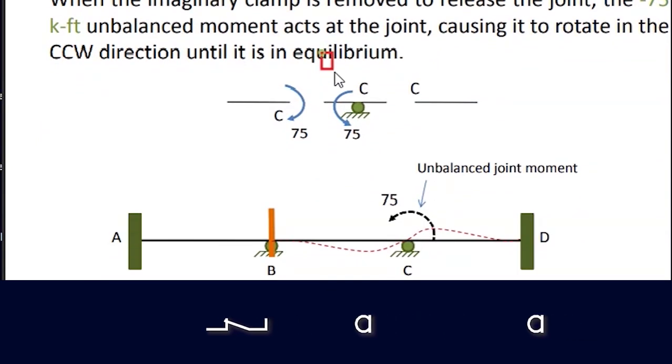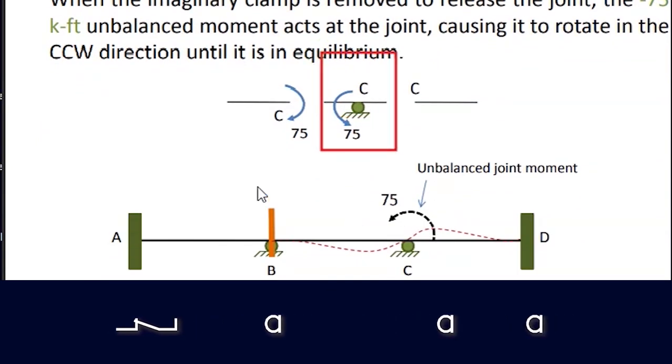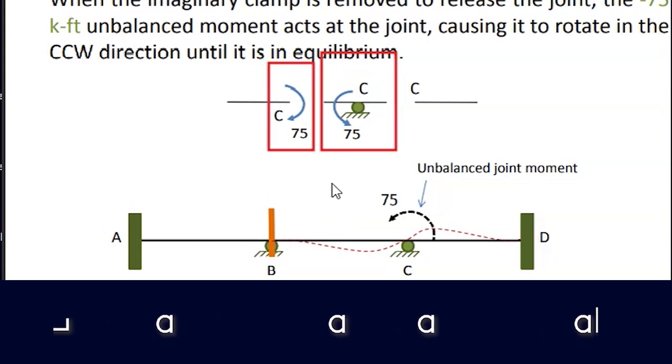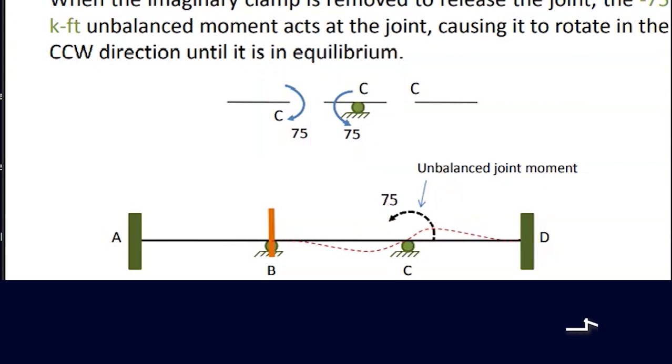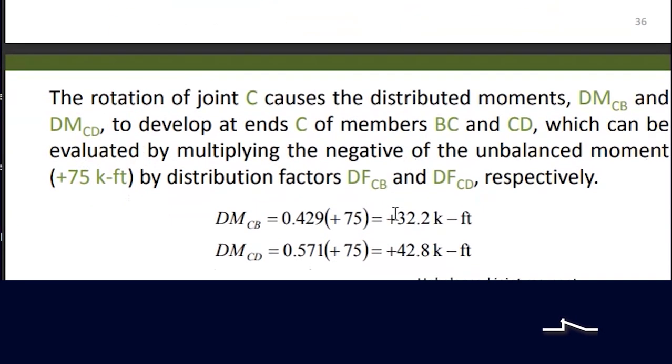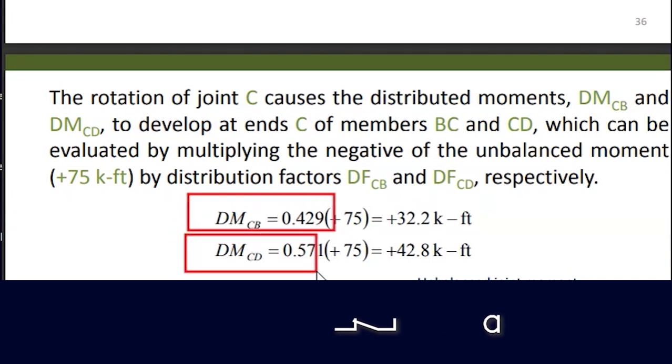Now, the positive one should be counterbalanced with the negative one. Here, this value, positive 75, is the unbalanced moment at that joint. So if it is the unbalanced moment, what can you do? You take this unbalanced moment at that joint. If you remember, at joint C, there is a distribution factor on the left and a distribution factor on the right.